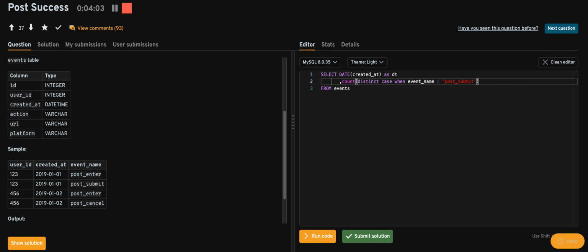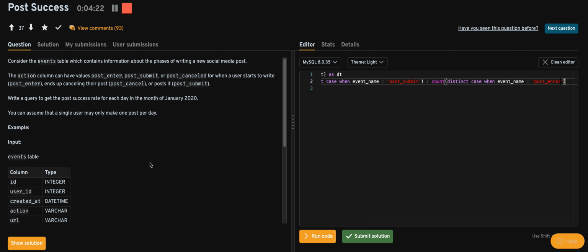Of course, assuming that every day we should have post enters, otherwise we have the problem of zero division. So post submit, and now we have the post enter. Of course, the first assumption here is the definition.